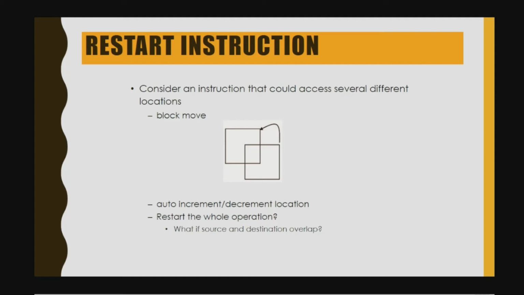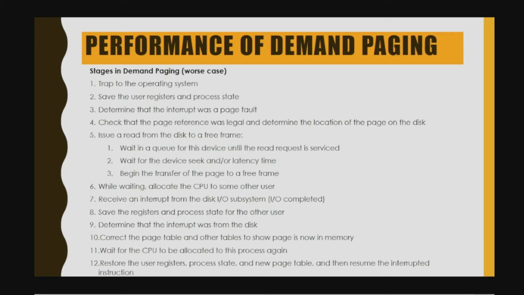For example, the block move. So here is the block move, with auto increment and decrement of the location, and restarting the whole operation. What if the source and destination overlap? What happens? You can try to search on what happens when we restart the whole operation. What if the source and destination overlap each other?